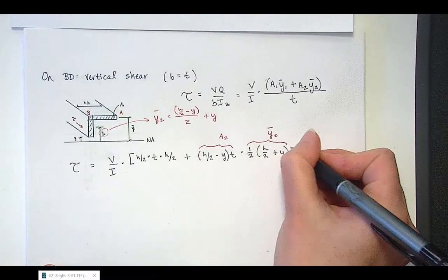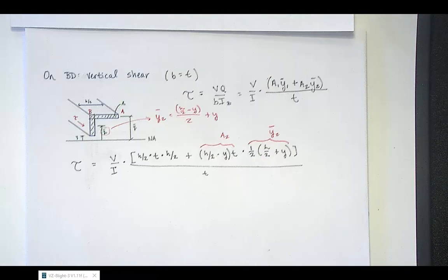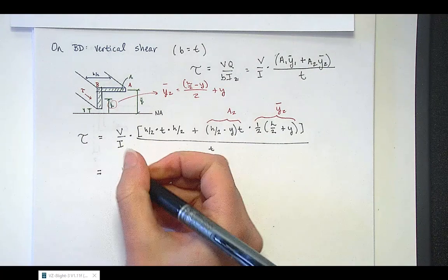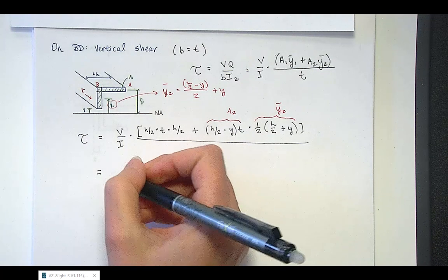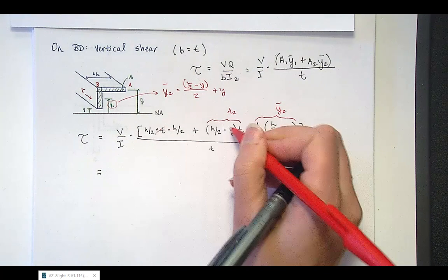Alright, and then, so that's our q, and we divide that by t. And that simplifies, we have t's that cancel out here. We have a t in every term.